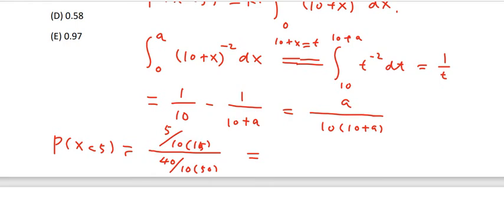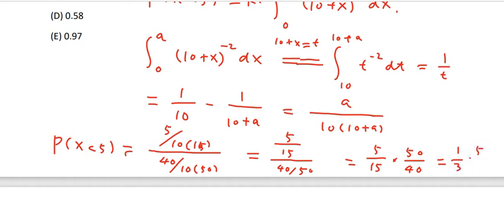So this equals 5 over 15 divided by 40 over 50, so we multiply. Okay, so we can simplify. So this is 1 over 3 and 5 over 4, right? So this equals 5 over 12.